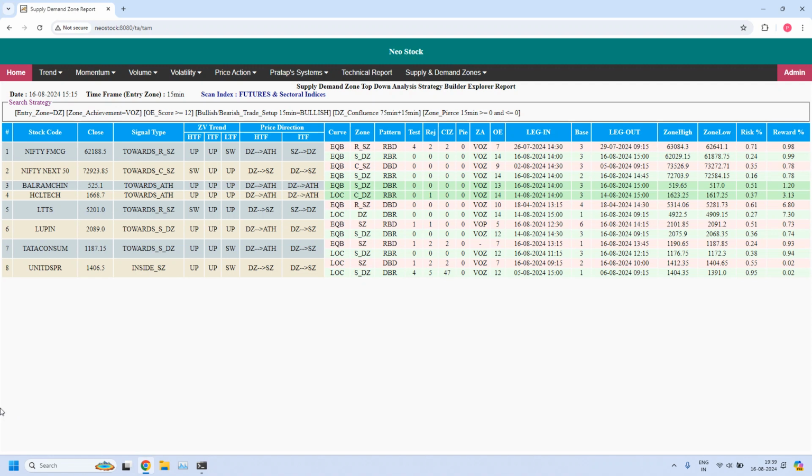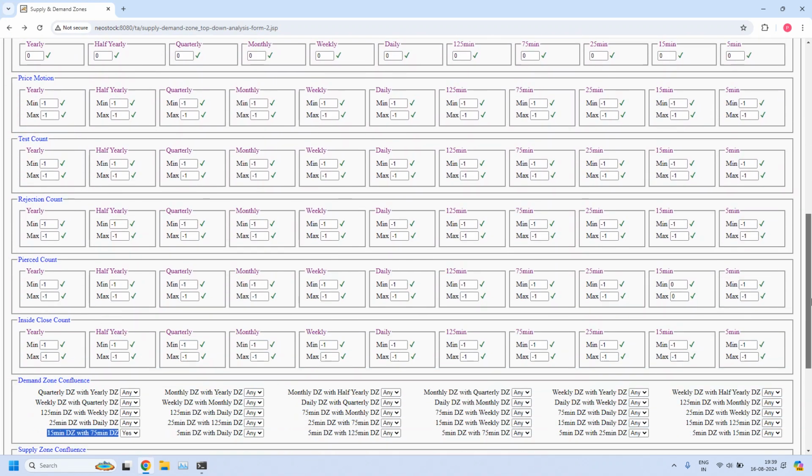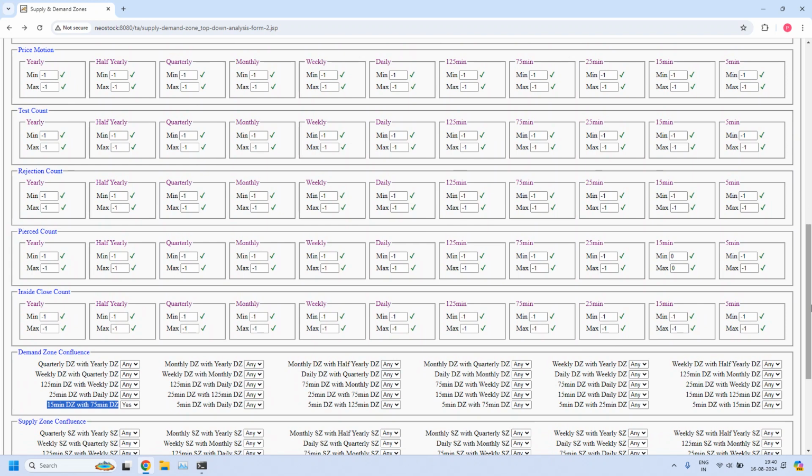Now out of these 8, how many are having confluence with even the HTF time frame? LTF, ITF, HTF demand zone confluence. Now 15 minutes with the daily demand zone confluence also enabling, and also 75 minutes demand zone, daily demand zone also we enabled.